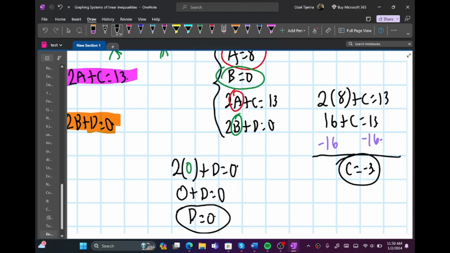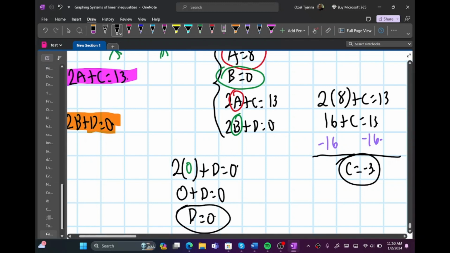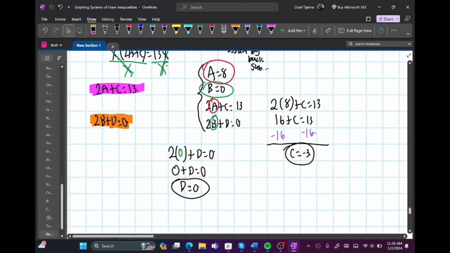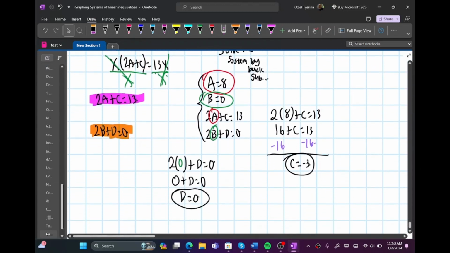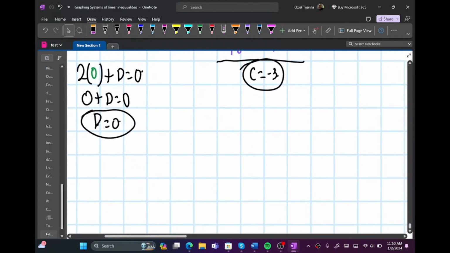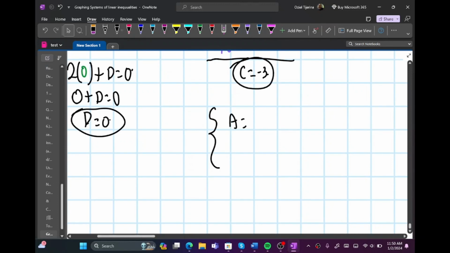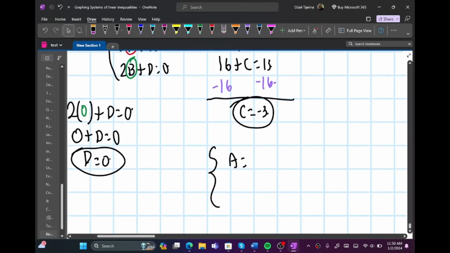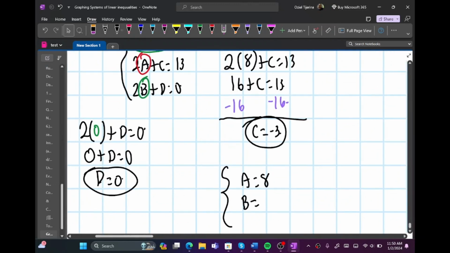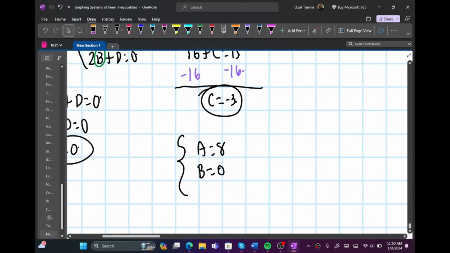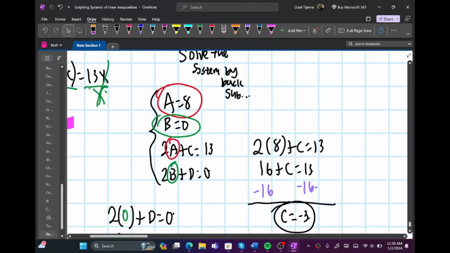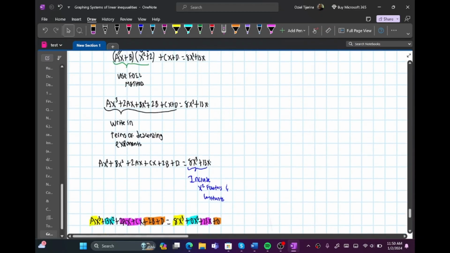So again, I'm going to circle that. So my 4 answers are a equals 8, b equals 0, c equals negative 3, and d equals 0.